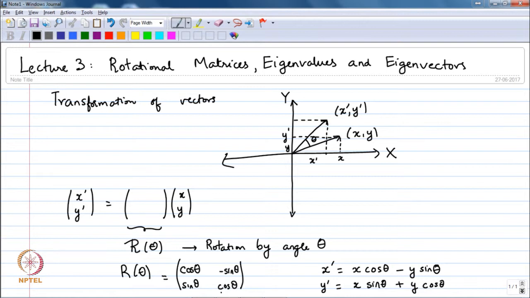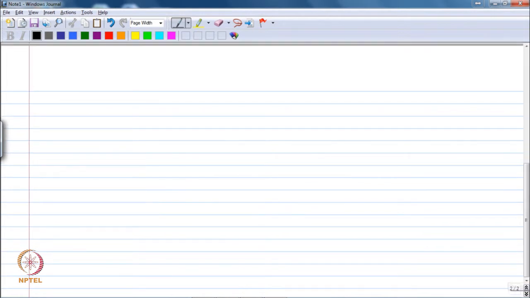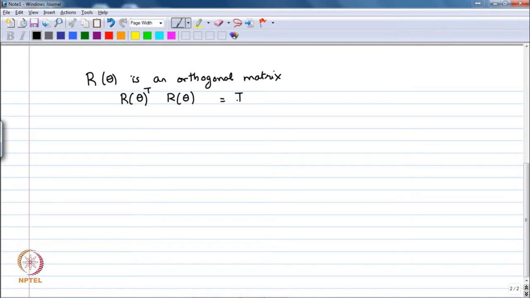Now you would expect that since you are only rotating the vector, you are not changing its magnitude, and therefore you expect that R of theta should be orthogonal. It is an orthogonal matrix, and you would expect that R of theta transpose should be equal to R of theta inverse, or in other words, R of theta transpose times R of theta is the identity, which in this case is given by 1 0 0 1.